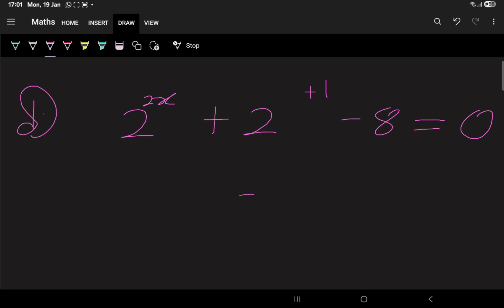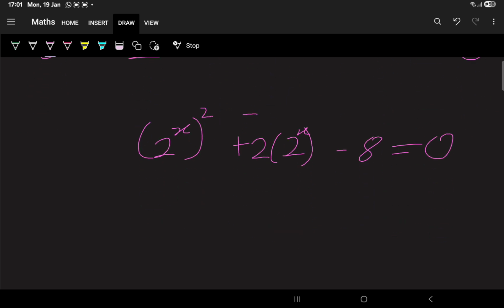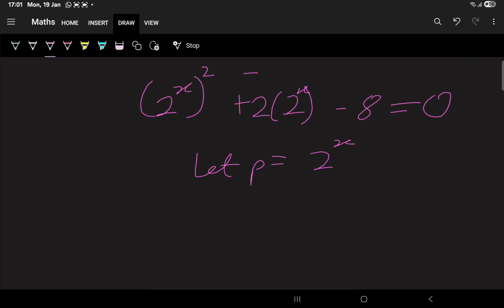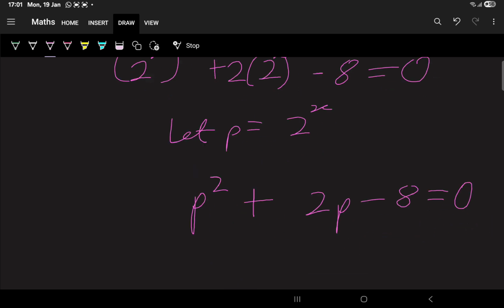So this is going to be 2 to the power of 2x plus 2 to the power of x multiplied by 2 minus 8 equals 0. Now let p equal 2 raised to the power of x. Then this is going to be p squared plus 2p minus 8 equals 0.